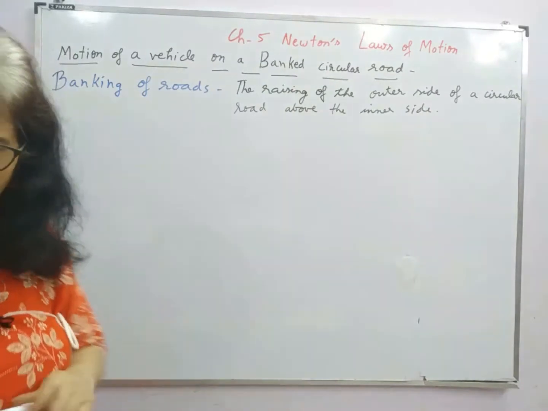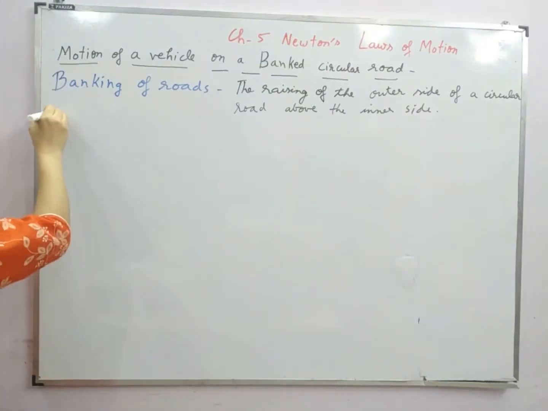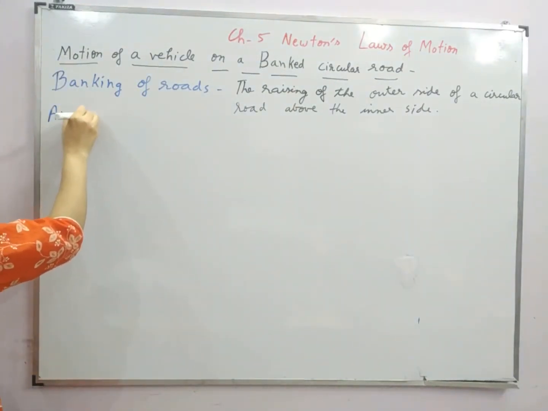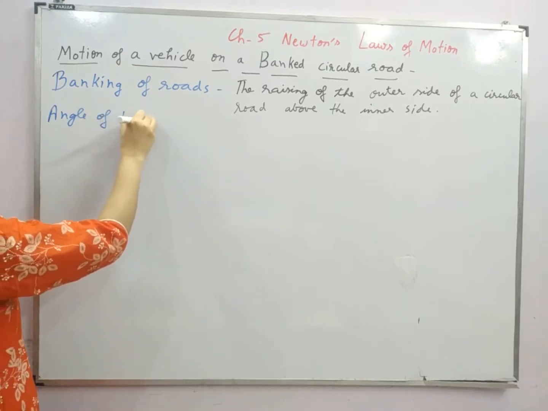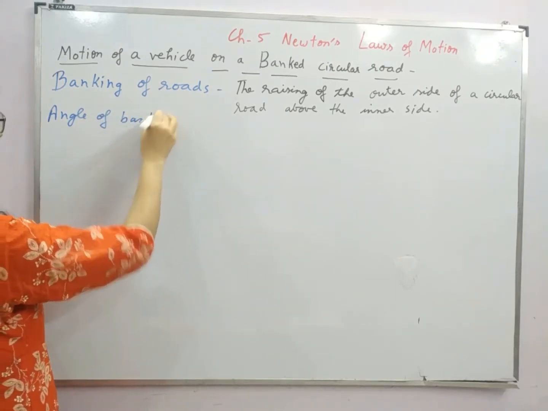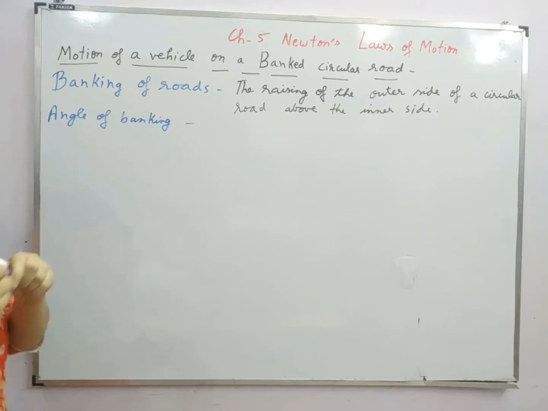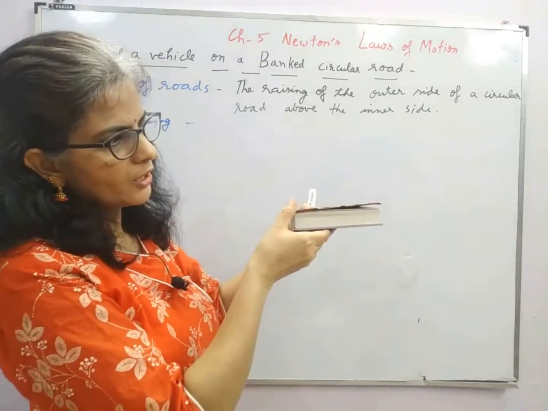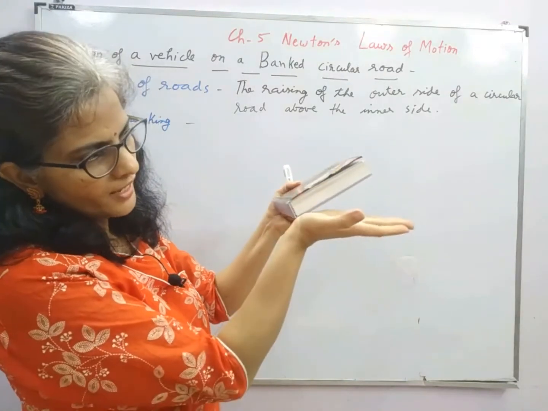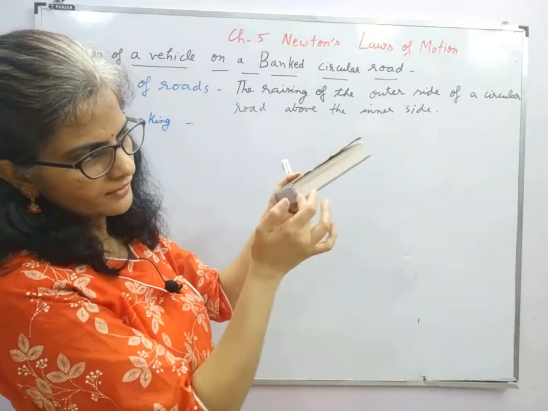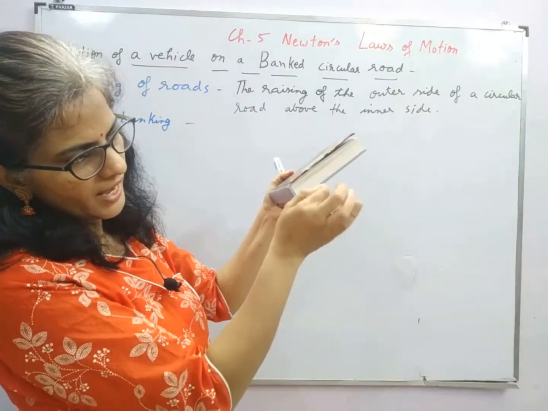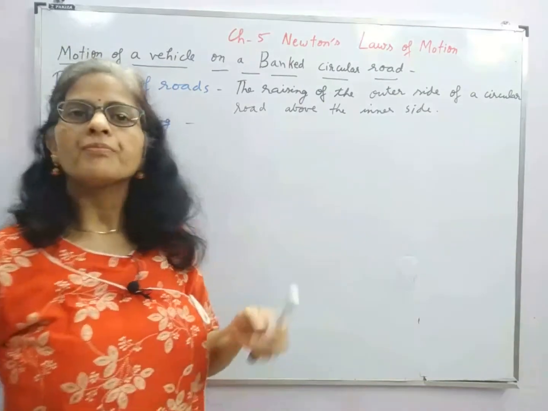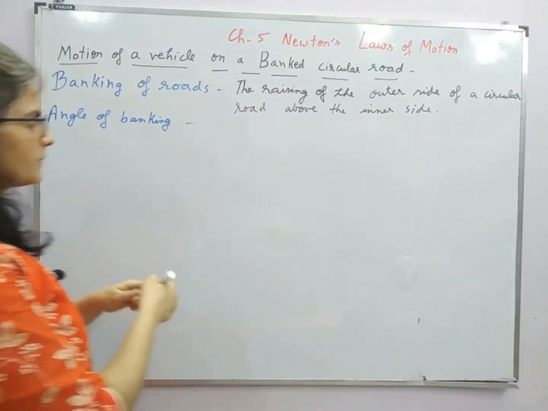So if I talk about the angle of banking, obviously the angle of banking will be the angle which this incline makes. Suppose this is the road, now it is elevated like this. At every point, if you look at this cross section, whatever angle it makes with the horizontal is called the angle of banking.